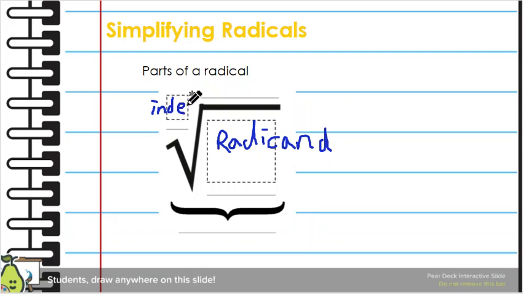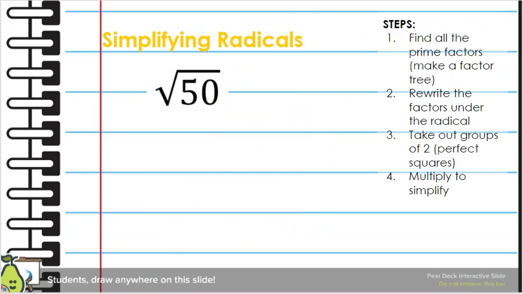If there's no number there, we know it's the square root, but you've seen the cube root on Desmos, which would be an index of 3. In Algebra 2, you'll see an index of 4. So we have the index and the radicand, and this symbol is called a radical symbol. Totally radical, dude.